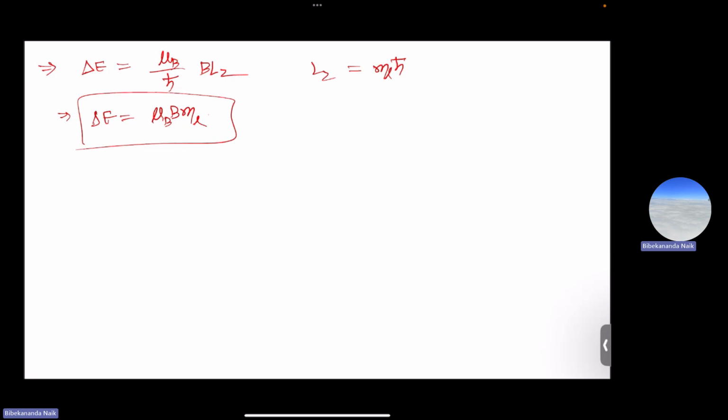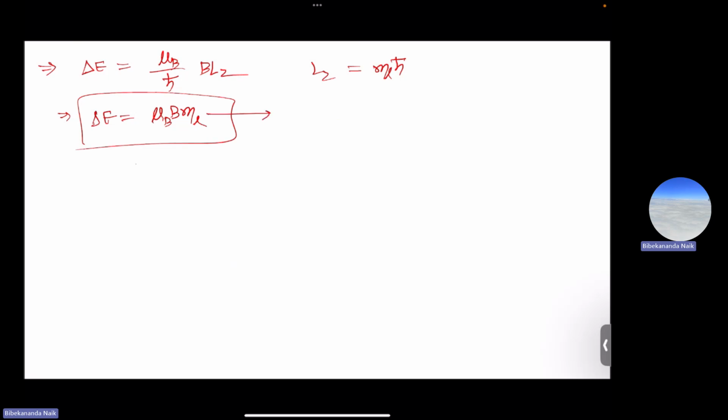So we can write delta E equals mu B by h cross B Lz. Again we know Lz equals ml h cross. So delta E will be mu B B ml. So depending upon the value of ml, the level will be split.